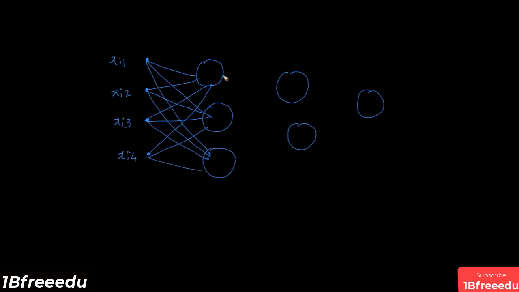The output of this neuron is given here as well as here. The output of this neuron is given here as well as here. The output of this neuron is given here as well as here. The output of this neuron is given here and here. And this is the neuron from where we get the final output. Let's call this output yi, because this was the ith data point, so this is the ith output, the output corresponding to the ith input.